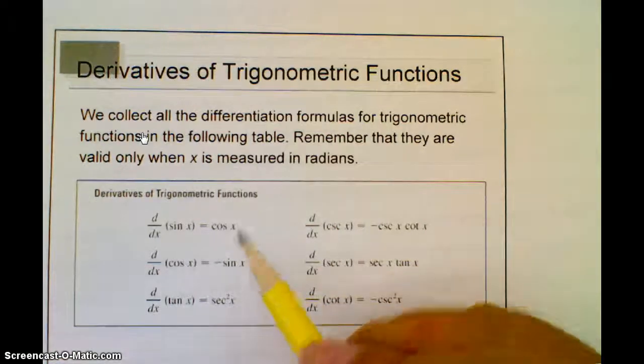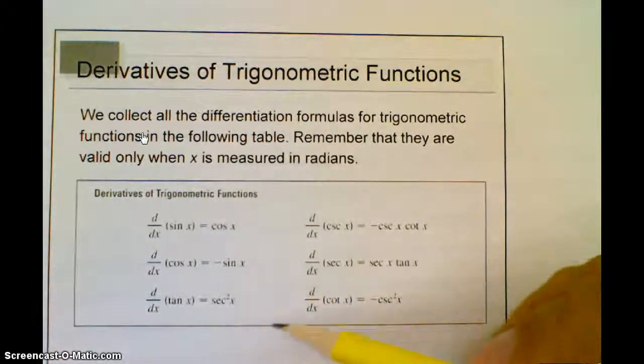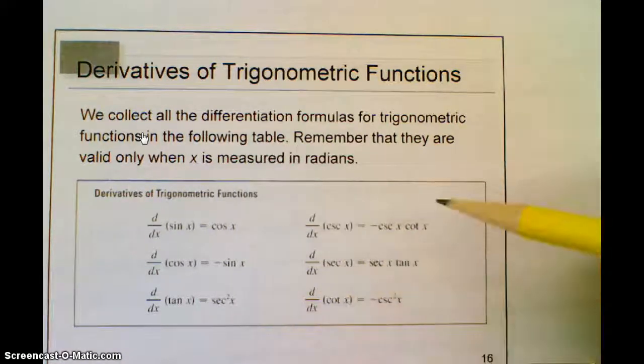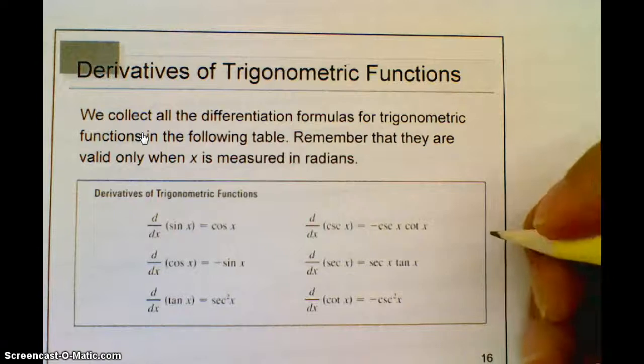So it is expected of us to remember all these derivatives to be able to take the derivative of other functions that include these. So please study those like you did your times table.